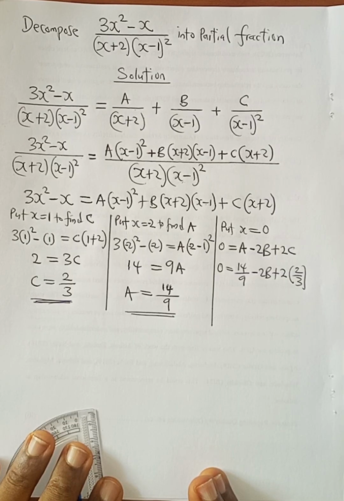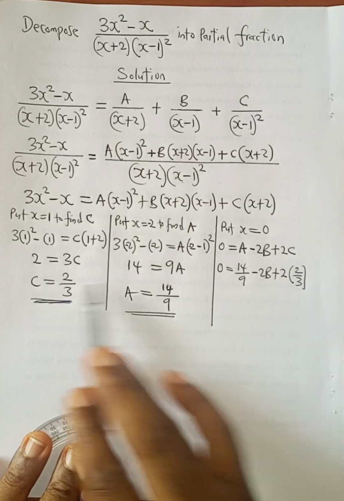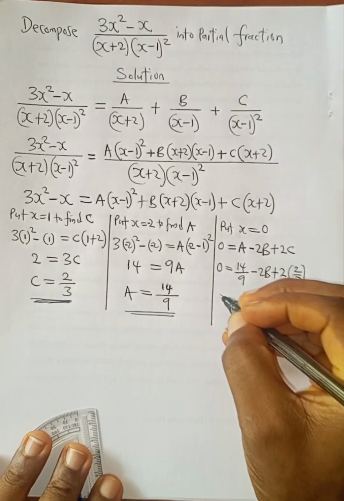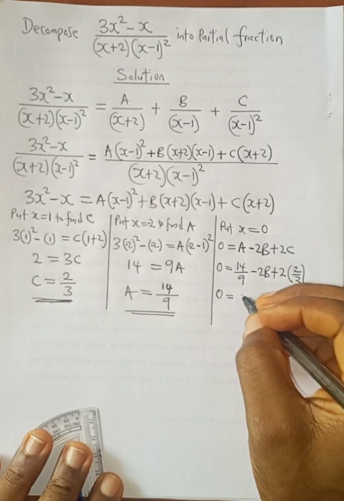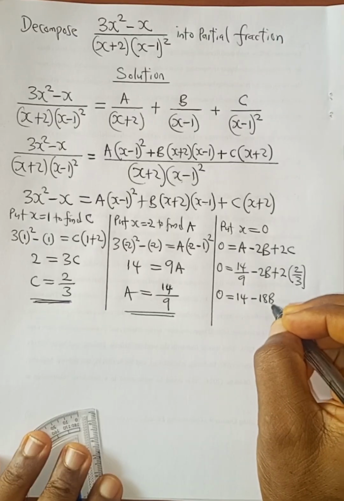So that is it. To make this easy, instead of working with fractions, let's times through with 9. If we times through with 9, here will be 0. Times 9 will give you 0. Times 9, 9 will cancel 9, 14. Times 9 minus 18B.